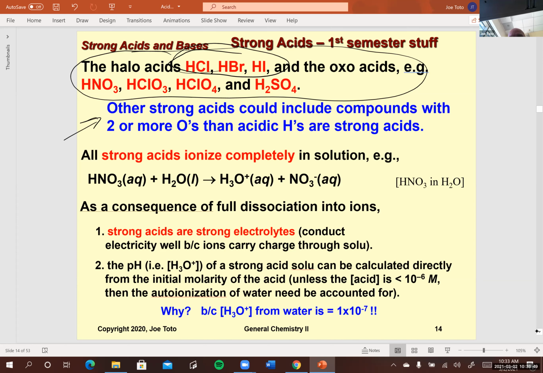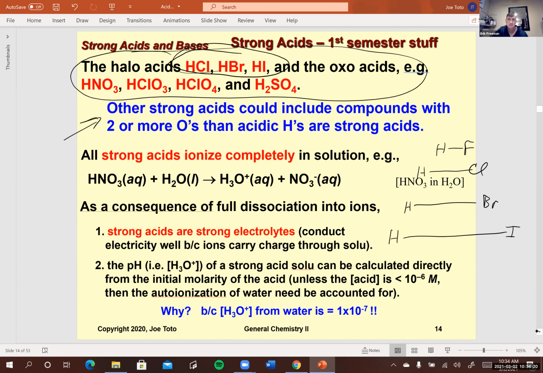Does anybody know why HF is weak compared to these guys? HF, HCl, HBr, and HI. Does it have to do with ionization energy?